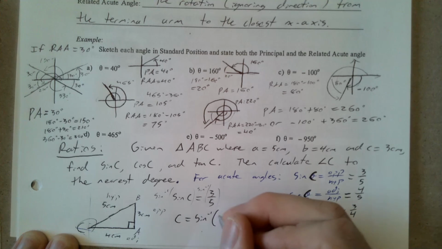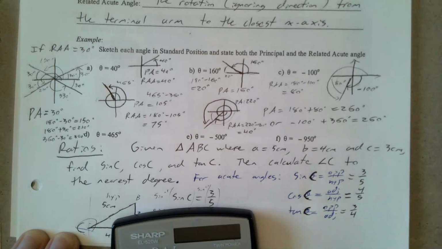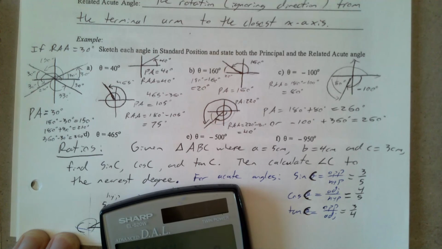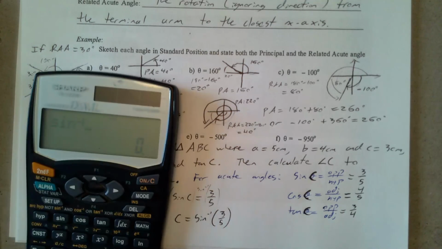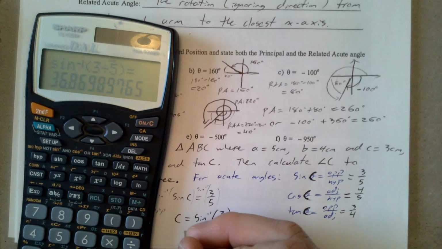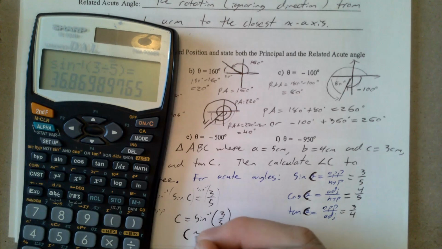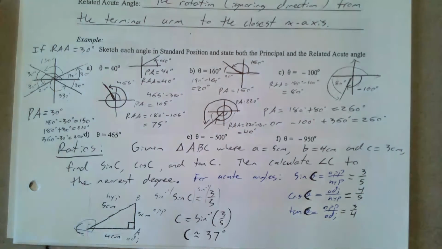It has to show up in front of your argument. And you want to make sure that your calculator is in degree mode. Ask your calculator, what's the inverse sine of bracket 3 divided by 5? This came up in some of our prerequisite work, but it's been a long time since we did that. So I'll say that the angle C is about 37 degrees. Okay.